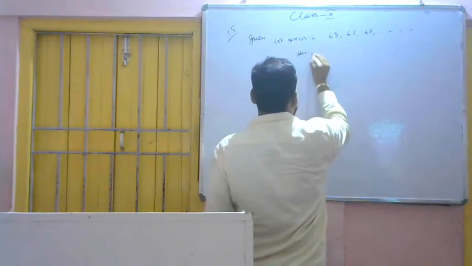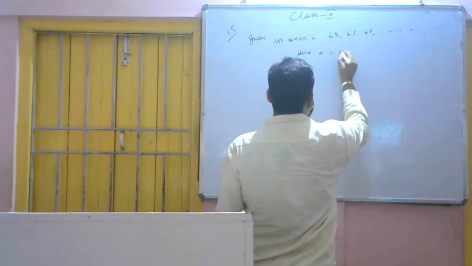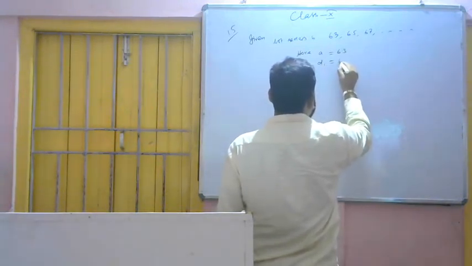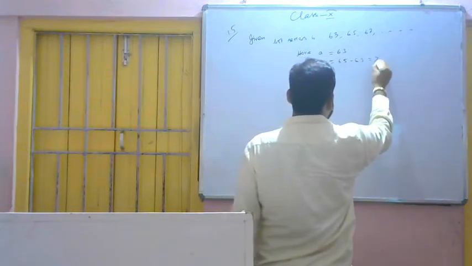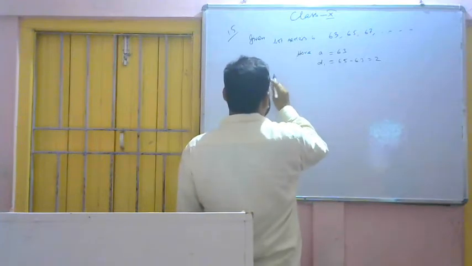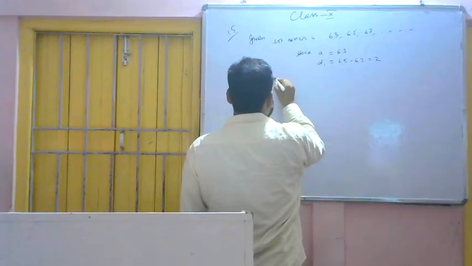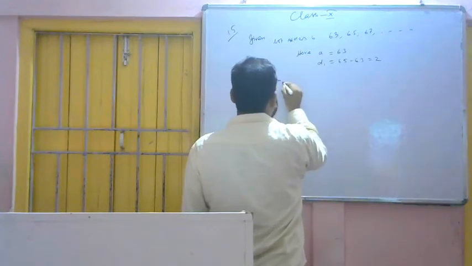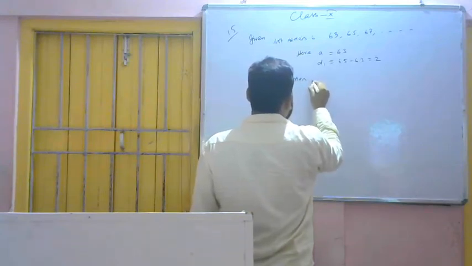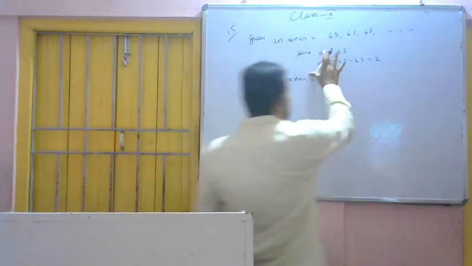Here a is equal to 63, d1 is equal to 65 minus 63 is equal to 2. Okay? And the second series is 3, 10, 17.